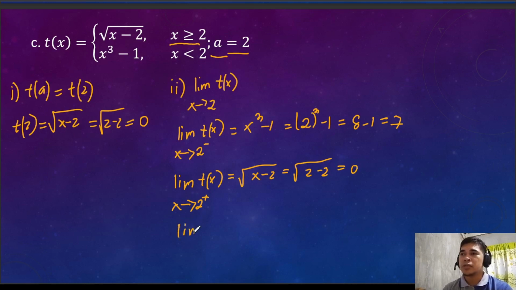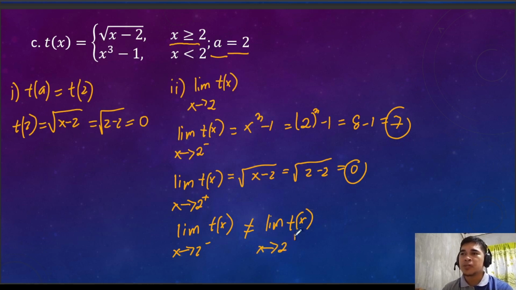Take note, our generalization, dapat ang limits sa right ug left magkapareha sila. Pero here, they're not. Diba? So the limit of t of x as x approaches 2 from the left is not equal to the limit of t of x as x approaches 2 from the right. Therefore, limit does not exist.